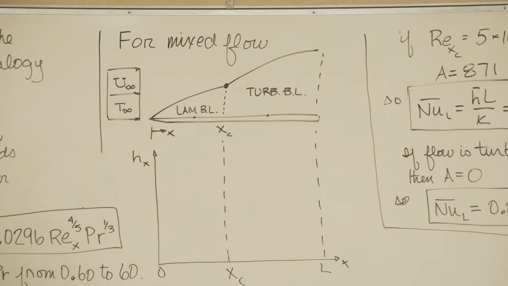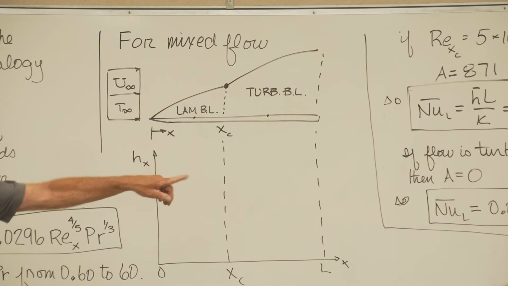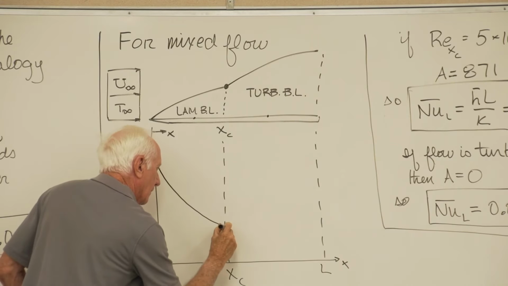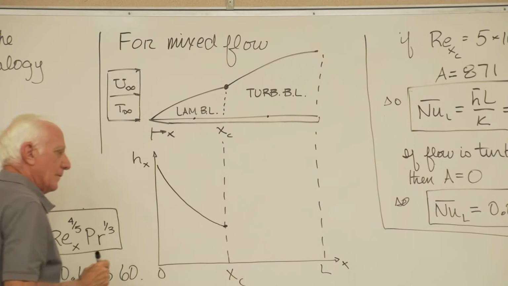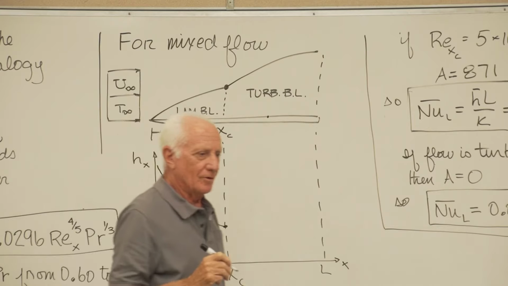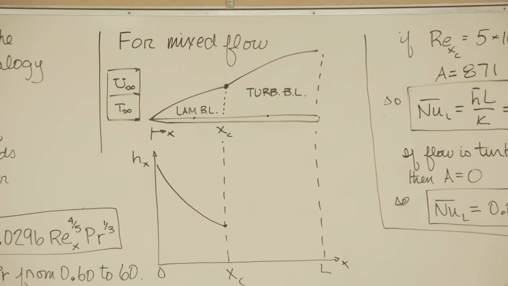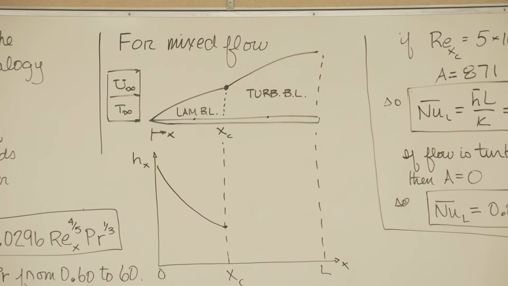Mixed flow, laminar boundary layer, picture over there. At that point, the flow transits to turbulent. Dramatic things happen.